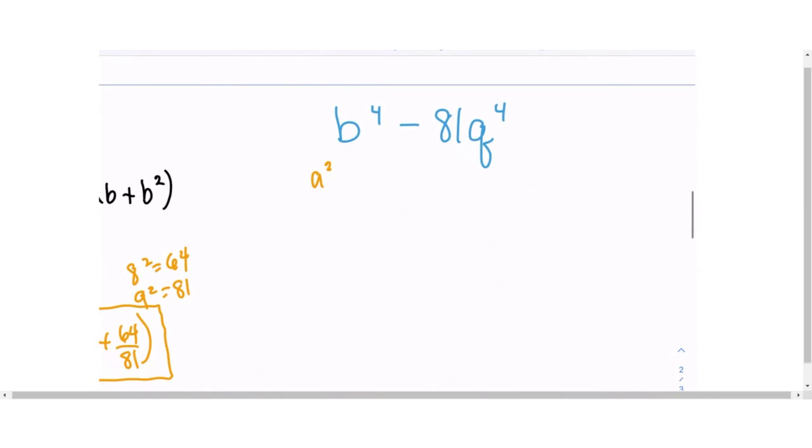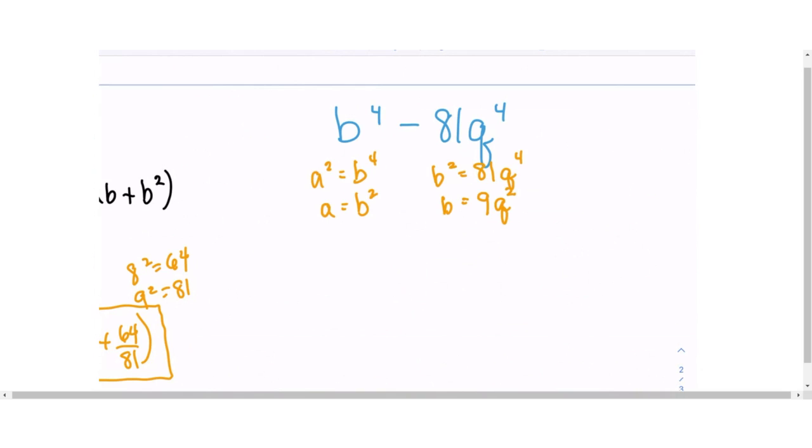So a squared is equal to b to the fourth. Kind of weird and confusing. And then b squared is equal to 81 cubed to the fourth. And a would be b. That's not confusing. And then b would be 9 cubed. I mean b squared. 9 cubed squared.